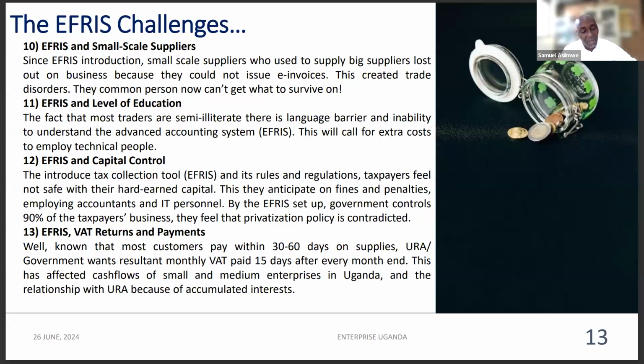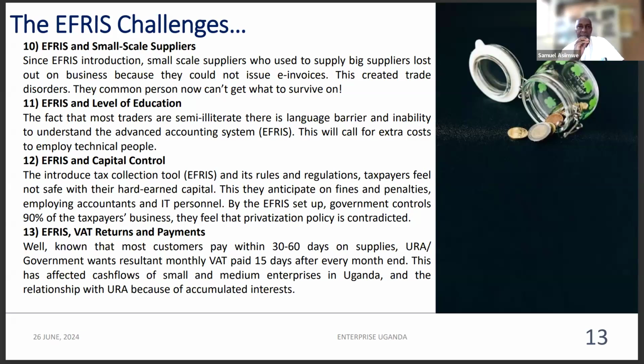You are going to Entebbe, you are passing the road toll fee collection point, there's no EFRIS. Water hasn't connected to EFRIS. Electricity, you find that you are paying in someone's name, and a few other areas, so you can't get the input when you spend somewhere, because the other areas are not yet connected.